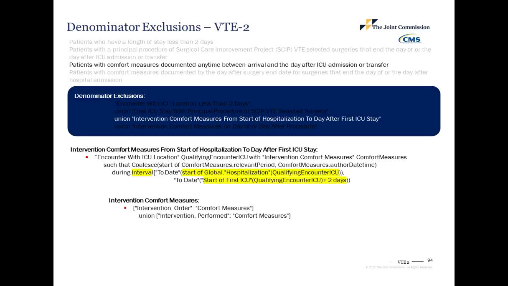Moving on to the next exclusion, we've already reviewed intervention comfort measures in VTE-1, but the timing conditions here are using interval operator, which is looking for comfort measures to occur from the date of start of the hospitalization to the day after the first ICU.